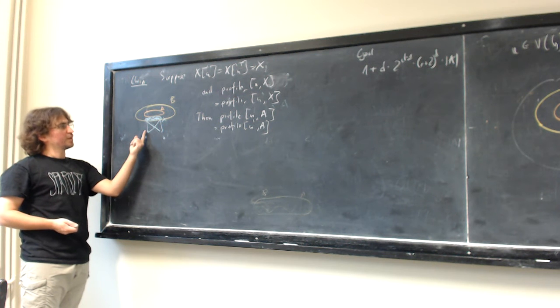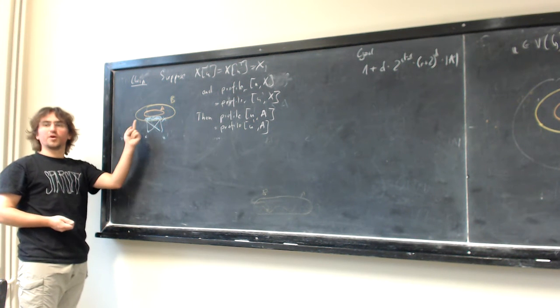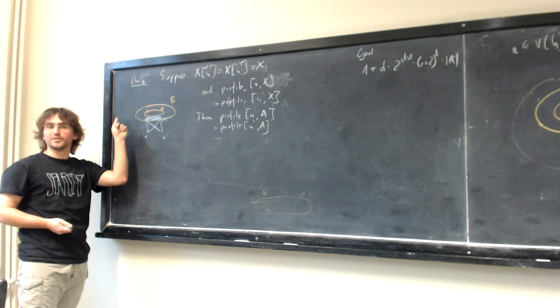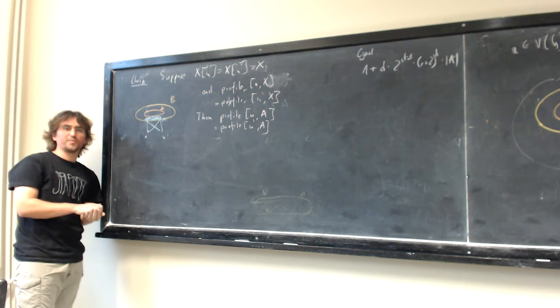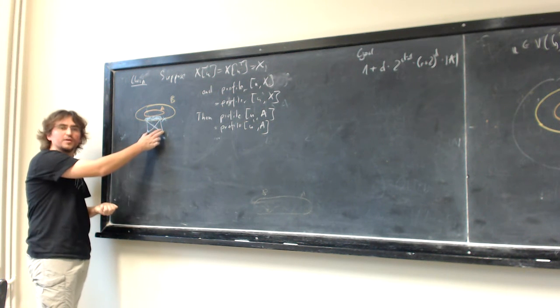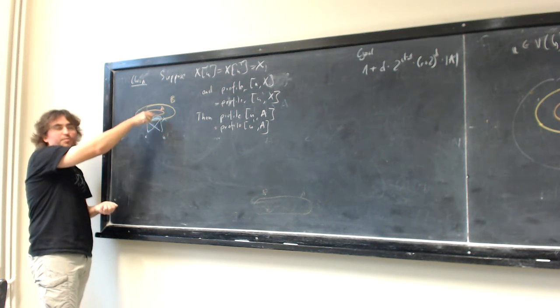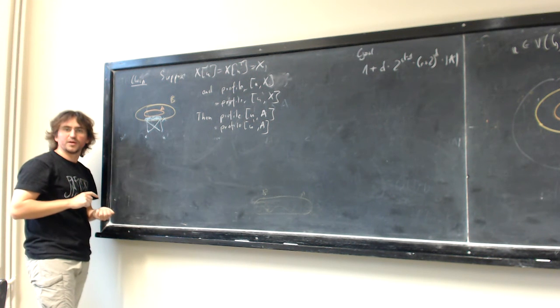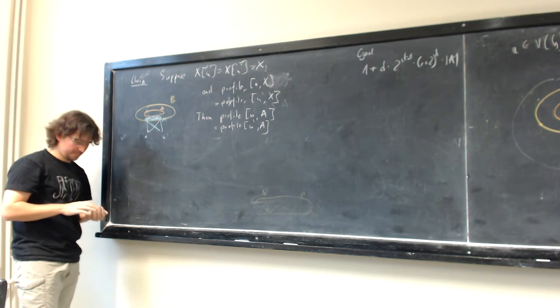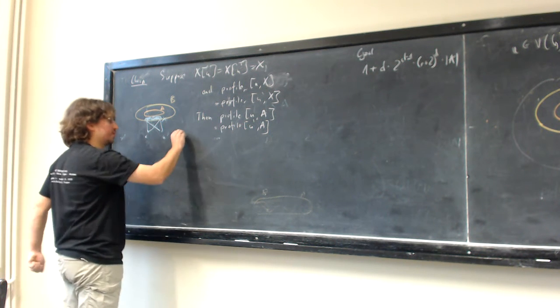So the distances that I see on X already determine all the distances on A. Yes? All the information flow between these two guys and A needs to go through this bottleneck. So what I see on the bottleneck determines what I see on A. Yeah? That's the intuition. Okay, so the proof, and the proof is again simple.